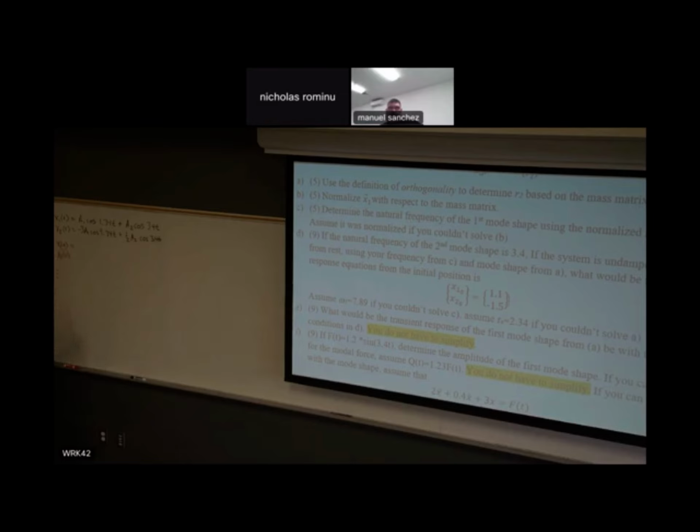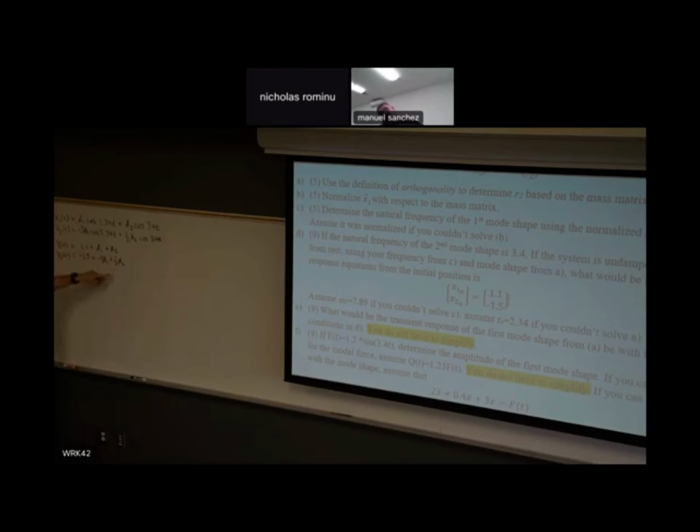So x1 of 0 is 1.1, and x2 of 0 is negative 1.5. What's that equal to? Plugging the 0 into here: A1 plus A2, minus 3 A1 plus 1/2 A2.